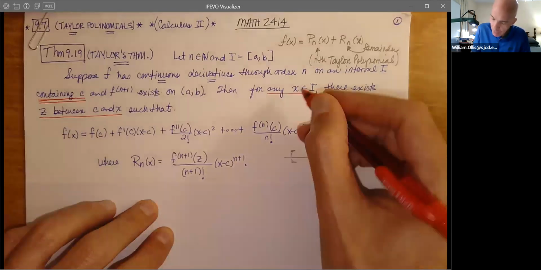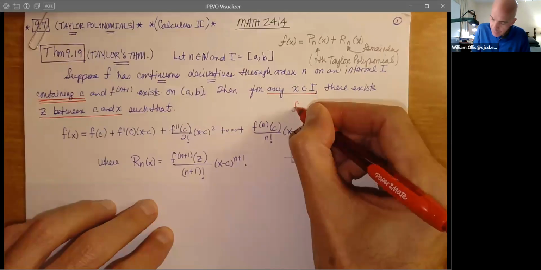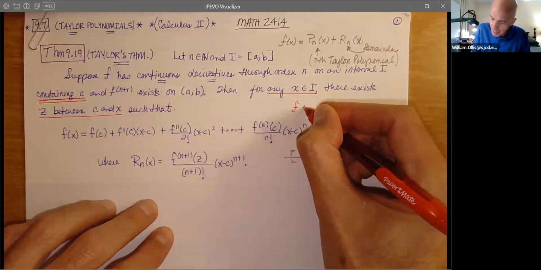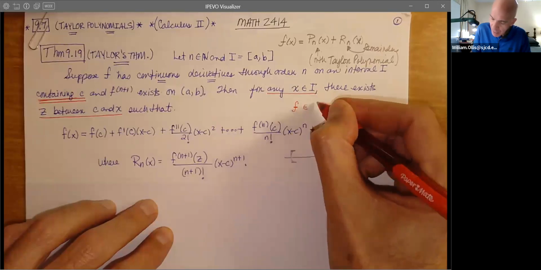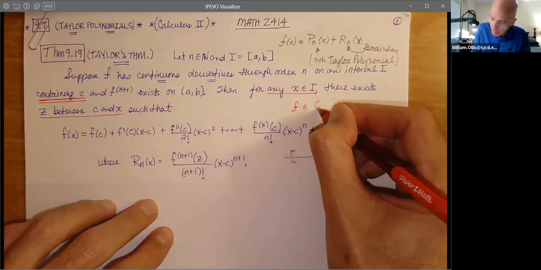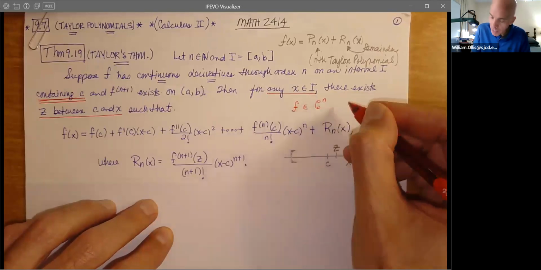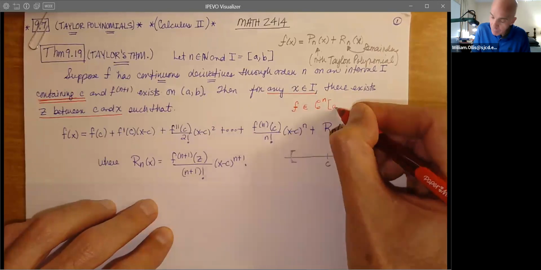We say f is basically contained in the Cn functions. That is, we have that many derivatives are continuous on the interval ab.